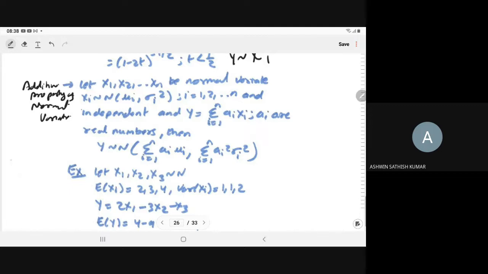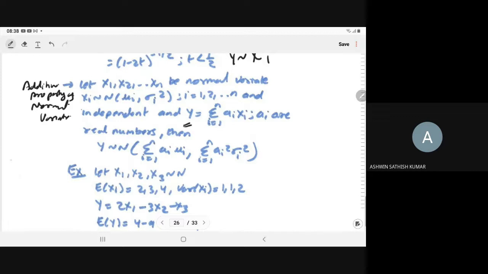Let x1, x2, ..., xn be normal variates, say xi follows the normal distribution with parameters mu i and sigma i square, and independent.